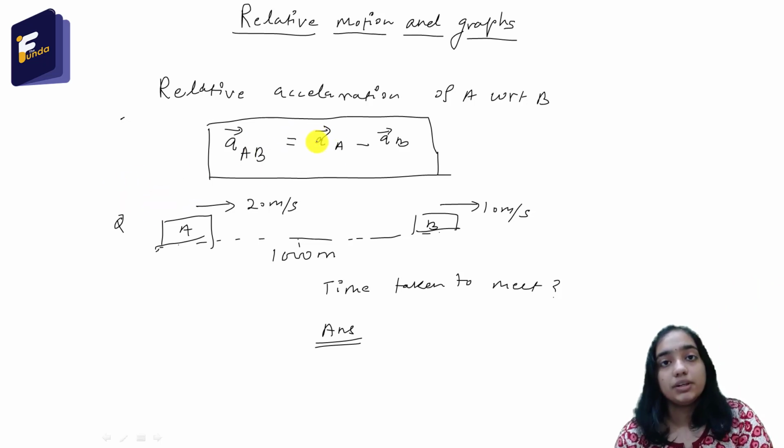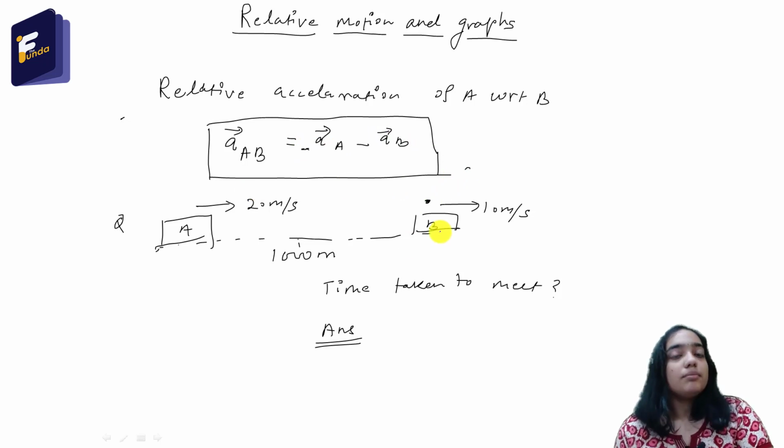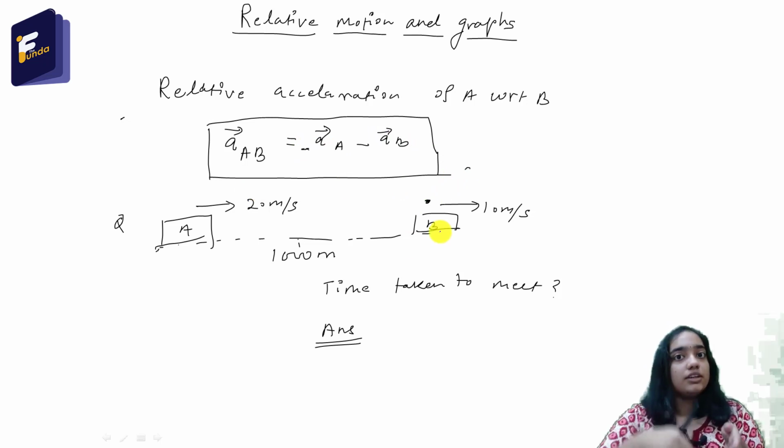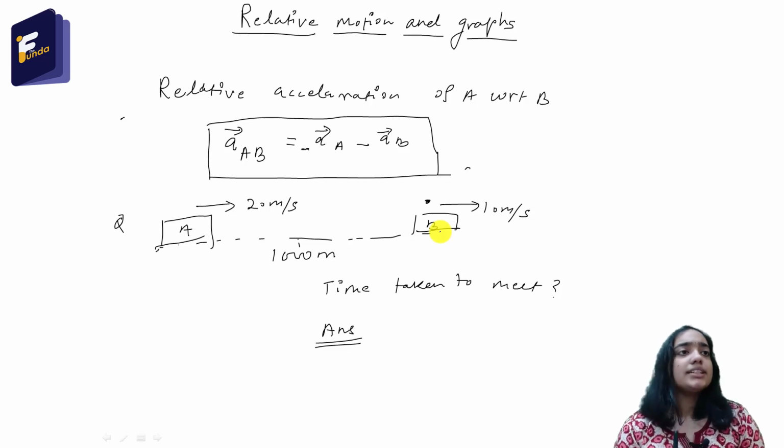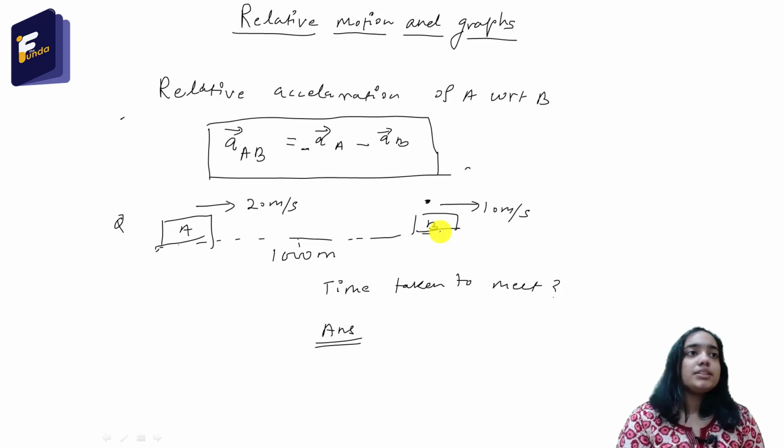It means that if I sit on B, because I have to find the velocity of A, then for me, sitting on body B, what will be the velocity of A? That means if I am sitting on B, for me, B is at rest.